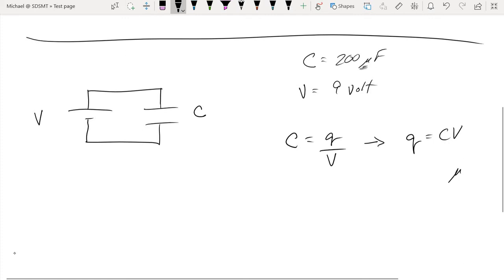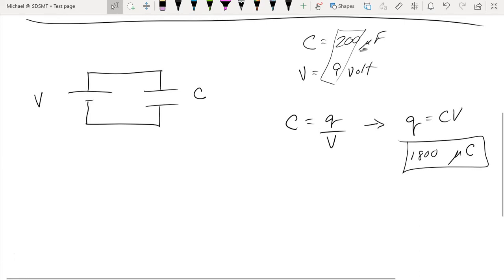So in other words, we'll get microcoulombs if we just multiply the two values together. And so 200 times 9 is going to give us 1800. So 1800 microcoulombs. From there, you can rearrange the decimal placing and whatever script that you want to put on the unit there.